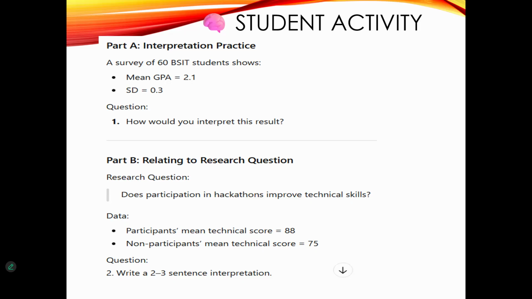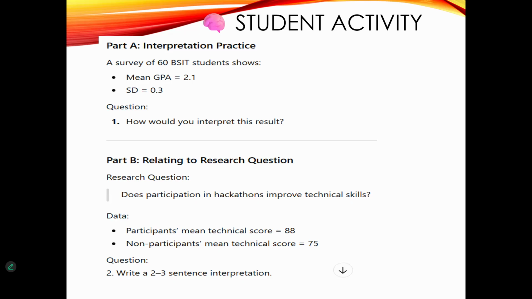So, for your student activity, you will interpret this: a survey of 60 BSIT students shows that they have a mean general performance average of 2.1 and the standard deviation is 0.3. So the question, how will you interpret this result? Okay. When you say GPA, this is the average of their grade.